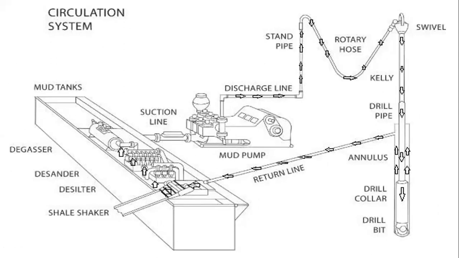If it is not okay, if it needs more weighting materials or more materials to improve it, then the mud engineer will mix everything back in the mud tank or the mud pit, and then the circulation continues again. So this is the cycle of the mud circulation system, or the drilling fluid circulation system.